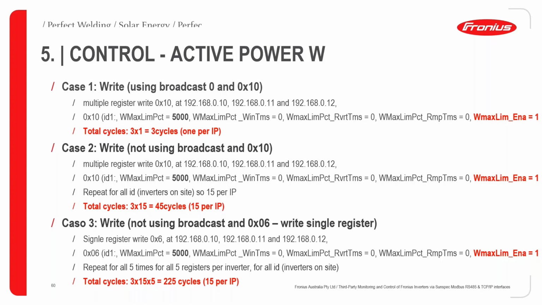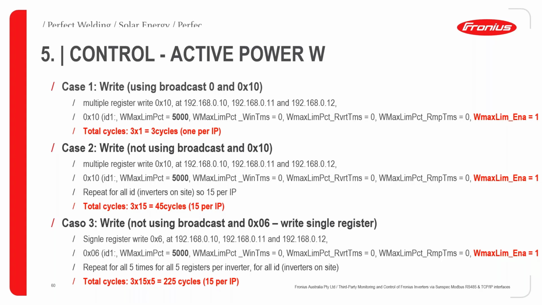Now, let's say case 2. Your controller doesn't support broadcast. You don't have that function available, but you do support multi-register offset. That means you need to address every slave individually. This is still not too bad a situation, because you still address all the IP addresses, but you do need to cycle through all the slaves inside each IP address.